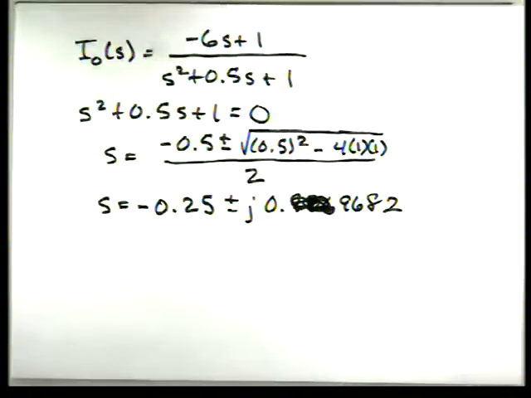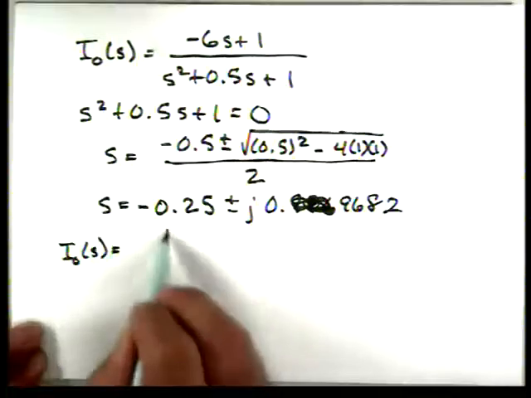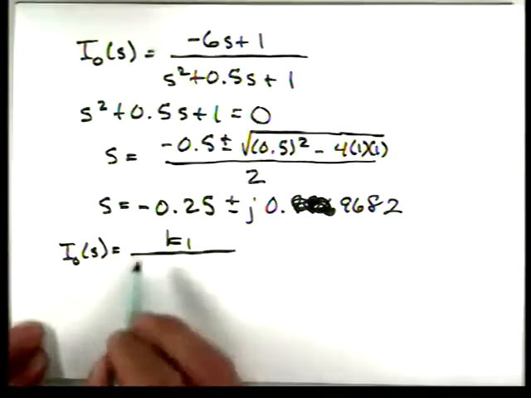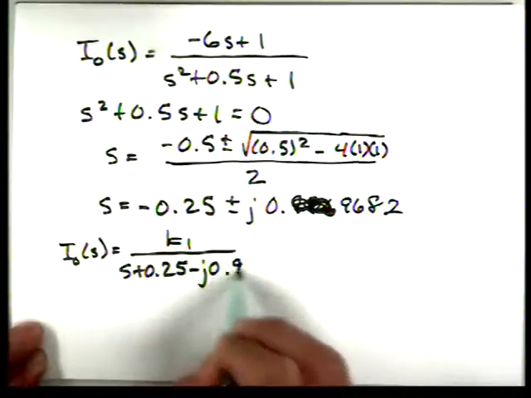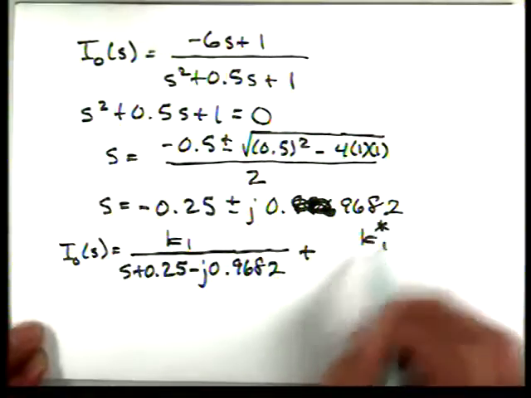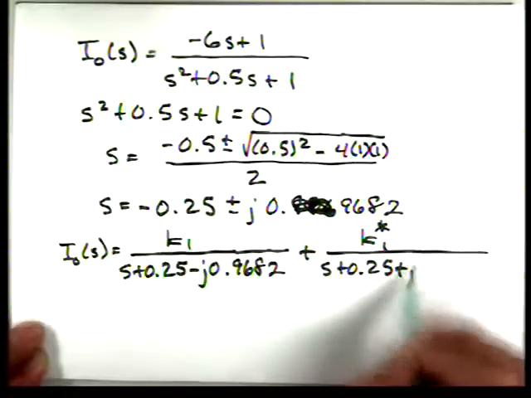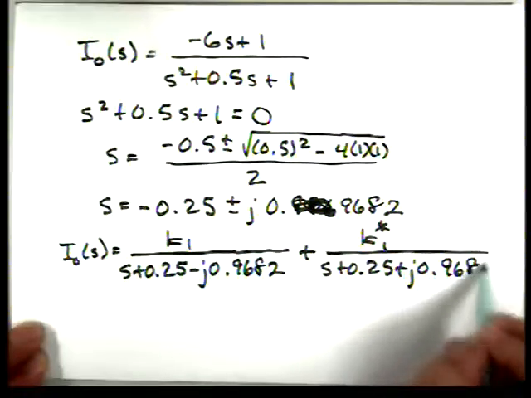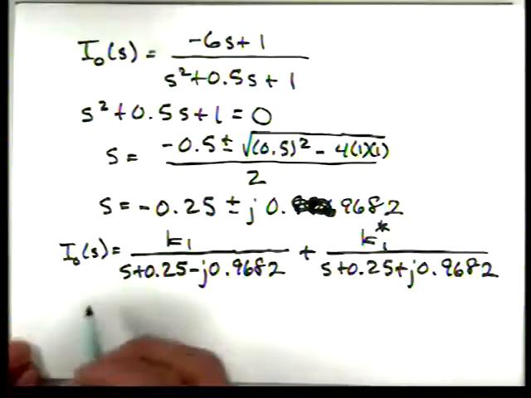So now for I0 of S, we'll look at the partial fraction expansion. K1 over S plus 0.25 minus j 0.9682 plus K1 conjugate over S plus 0.25 plus j 0.9682. So then for K1 we're going to multiply through by this term.